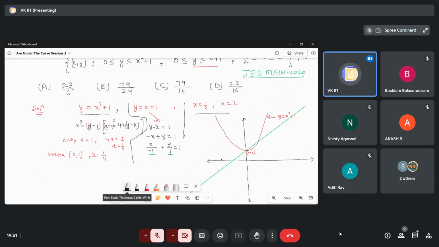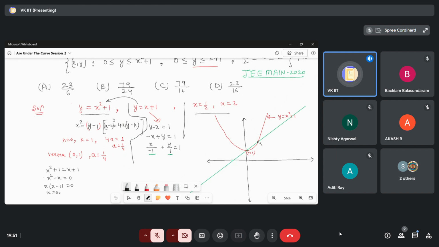Now first of all, we have to draw x is equal to 1 by 2 also. What is the point of intersection? Anyone give me? If you solve y is equal to x plus 1 and both are equal, it means x square plus 1 is equal to x plus 1. So x square minus x is equal to 0, or x into x minus 1 equal to 0.